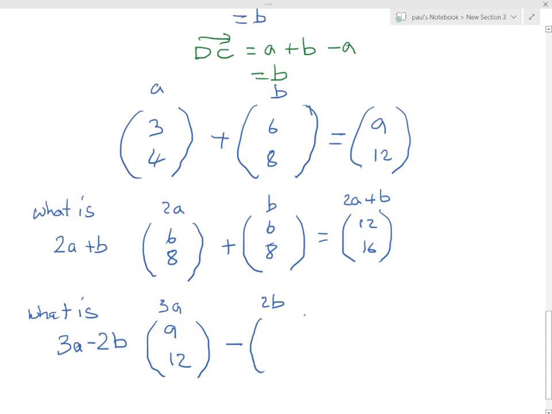So we need to double this original one. So that's going to be 12 and 16. So 3a minus 2b will be 9 minus 12 is minus 3. 12 minus 16 is minus 4. And that is just about everything to do with vectors.